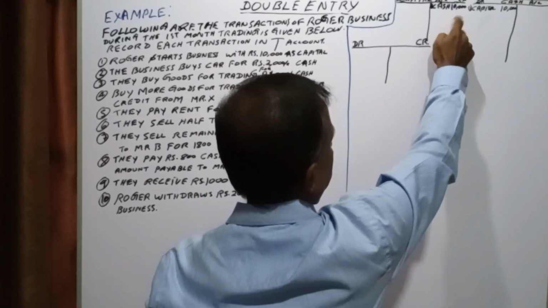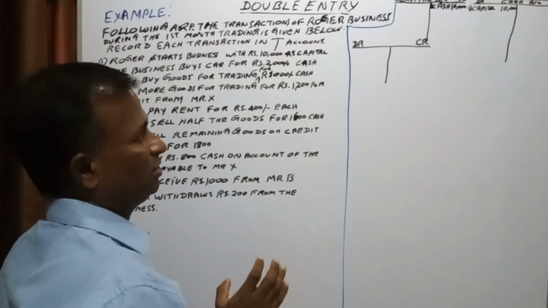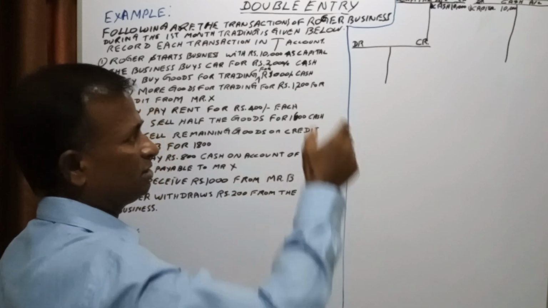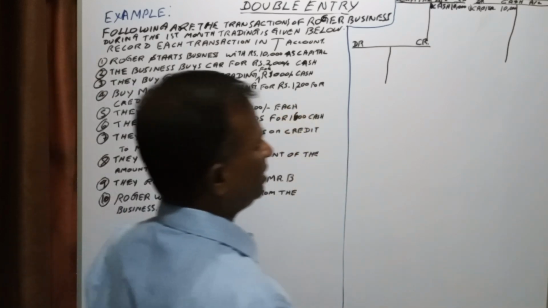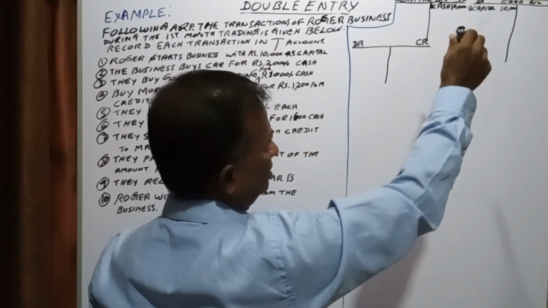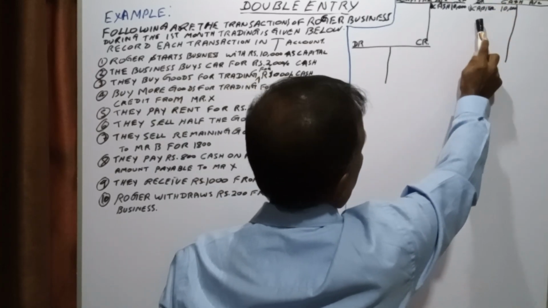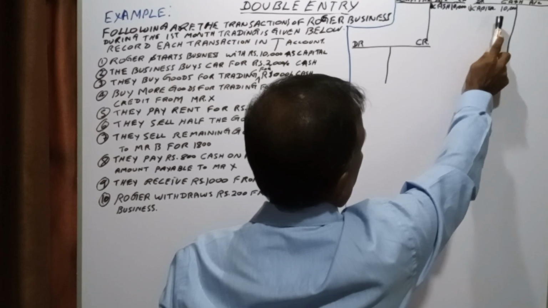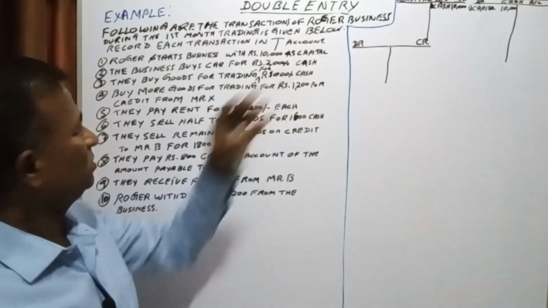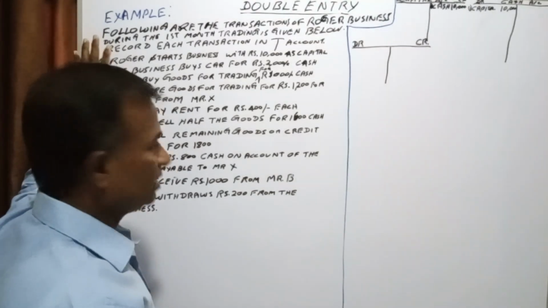Cash we always disclose under current assets, and there is an increase in the assets. If there is an increase in the assets, you will have to debit it. So I hope you have understood this first adjustment, and we will go for the second adjustment.